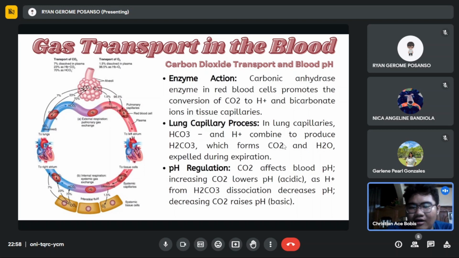And conversely, a decrease in the CO2 levels raises the blood pH to basic conditions, highlighting the intricate connection between CO2 transport and the maintenance of optimal blood pH levels.